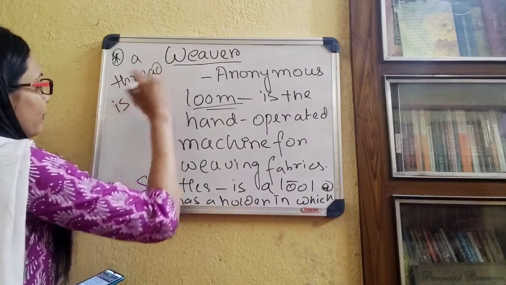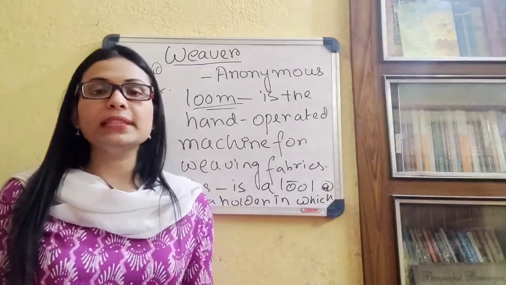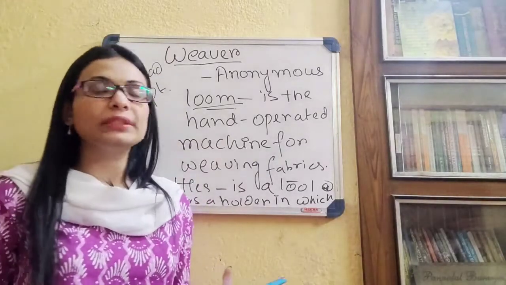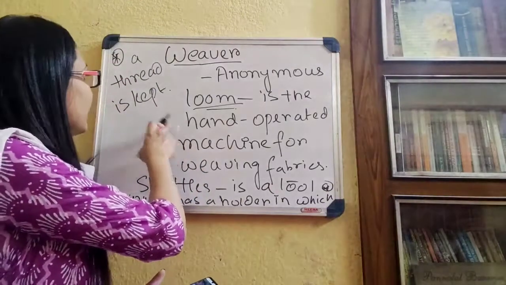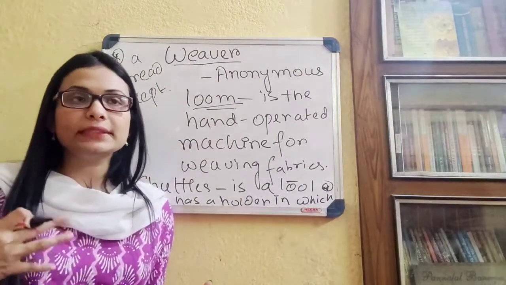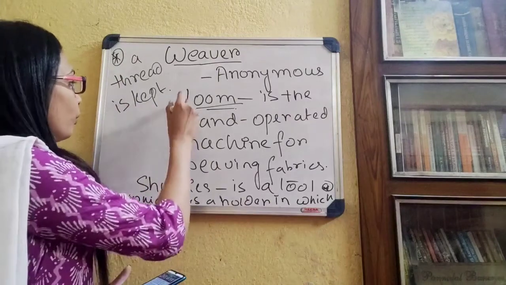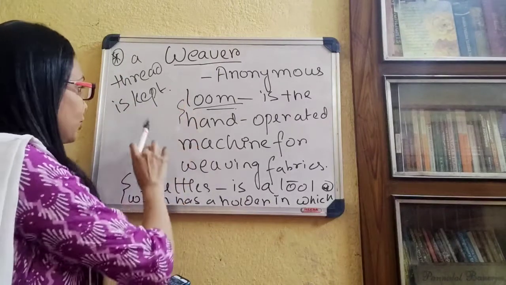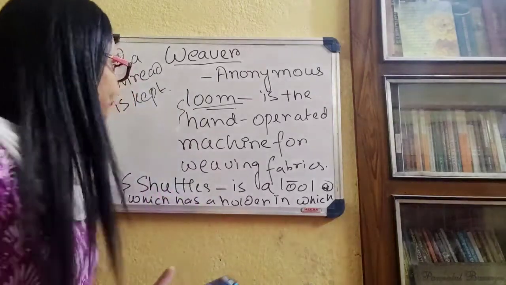If you have ever seen a person using a loom machine, you will see that when the loom is operated by a person, then the shuttle flies. It moves in such a manner as if it seems that it is flying. So this loom and this shuttle, these two are things which are used in weaving a cloth.